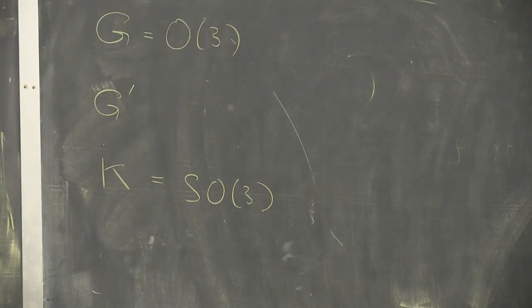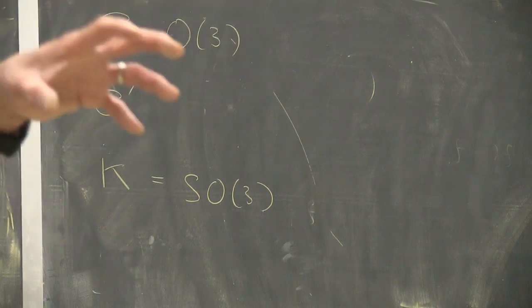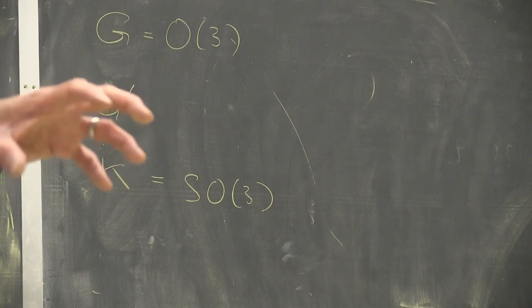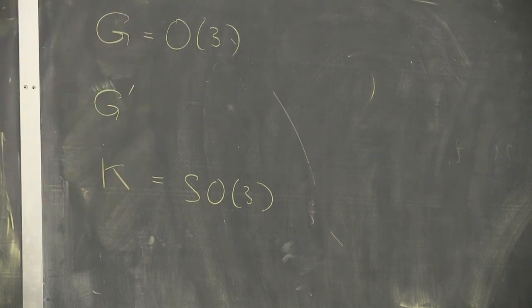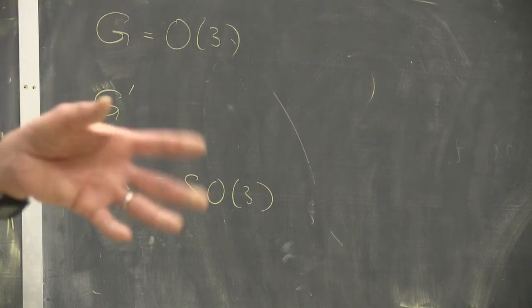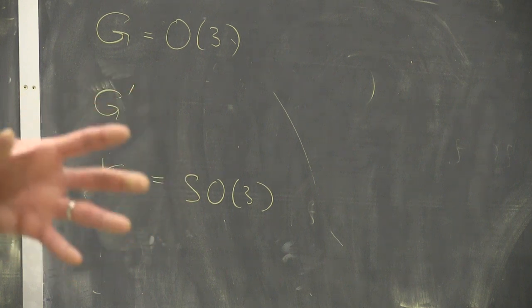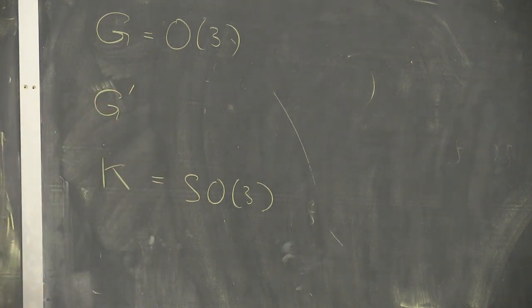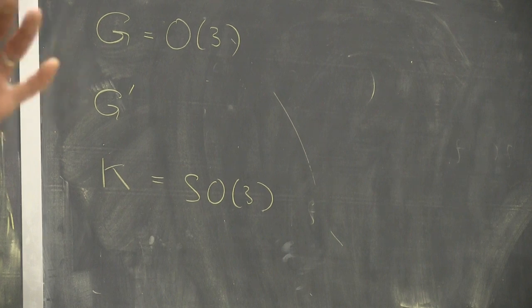So the group O3 is partitioned into two parts, one of which is SO3. Now, SO3 is obviously a group in itself, so it's a subgroup. Is the other part a group? No, why? It doesn't contain the identity, because the E necessarily sits in SO3. Okay.